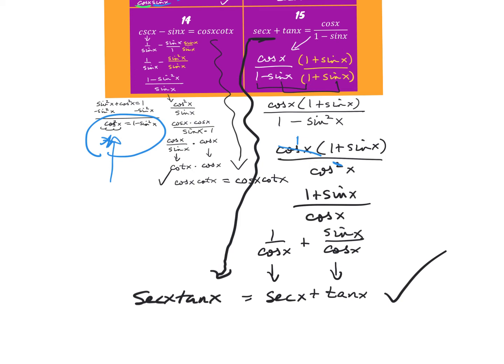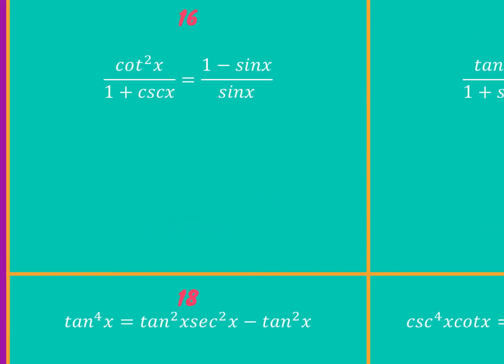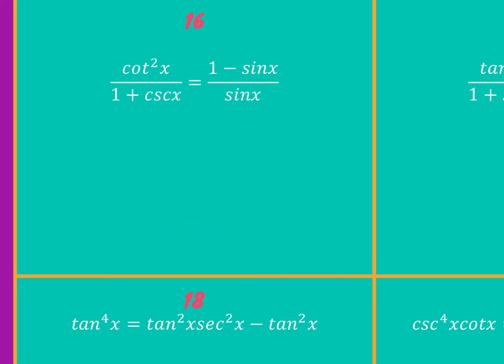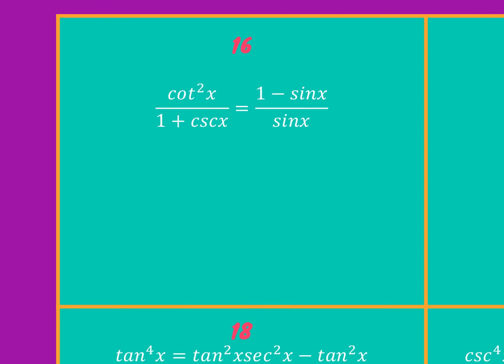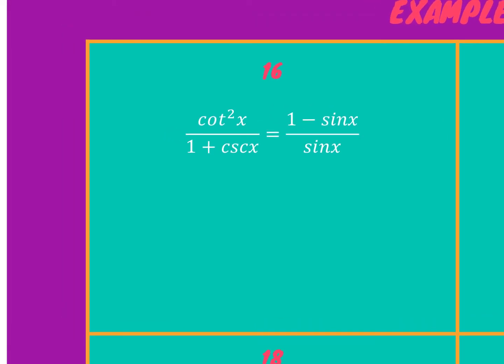Everybody good on 15? Let's try 16. So for 16, I recognize at the top that I've got potentially a Pythagorean identity that I can use. The Pythagorean identity I'm going to use for the numerator is 1 plus cotangent squared x equals cosecant squared x.